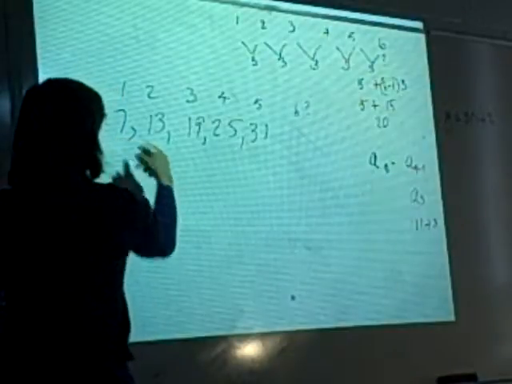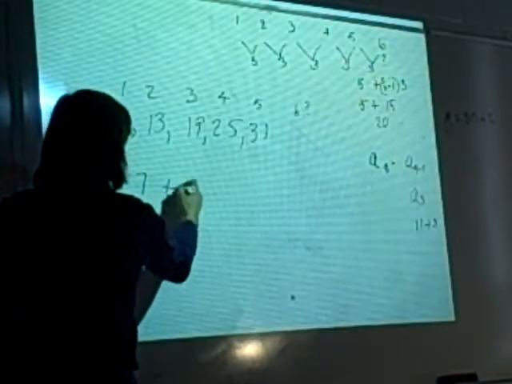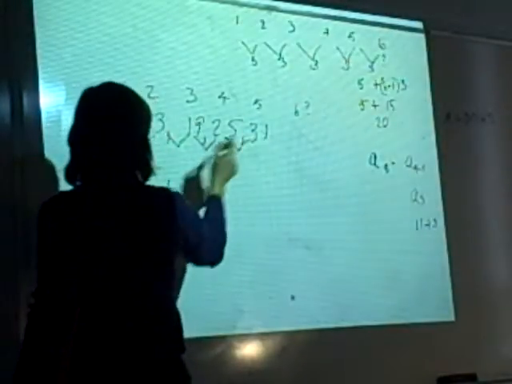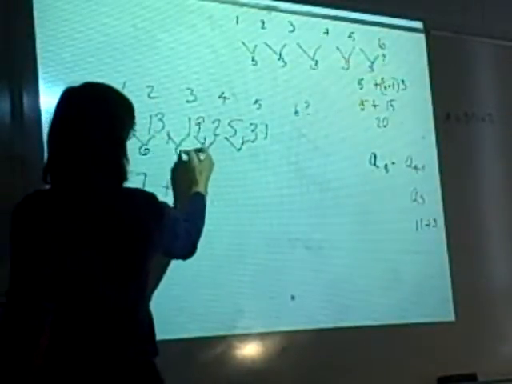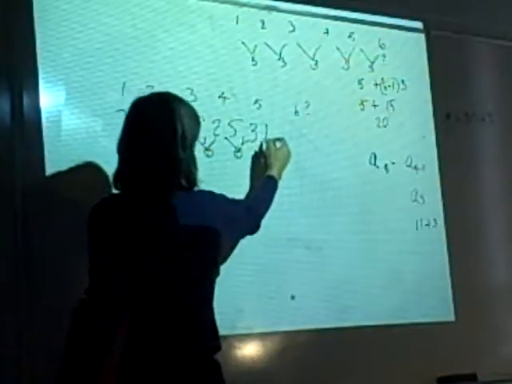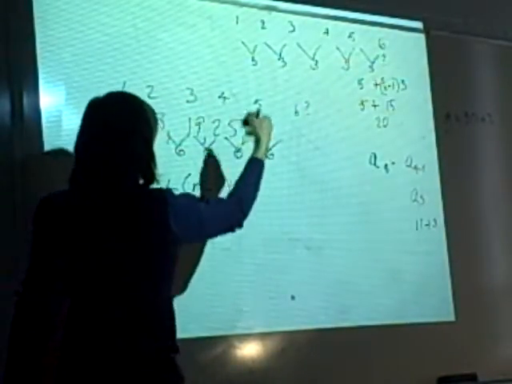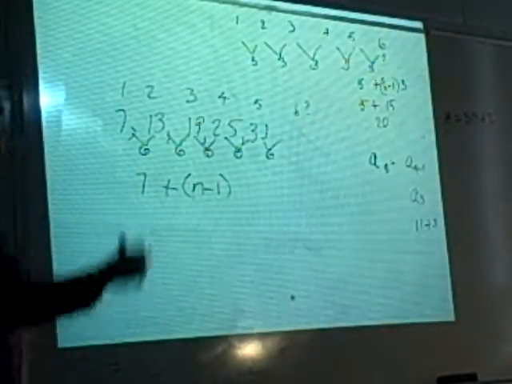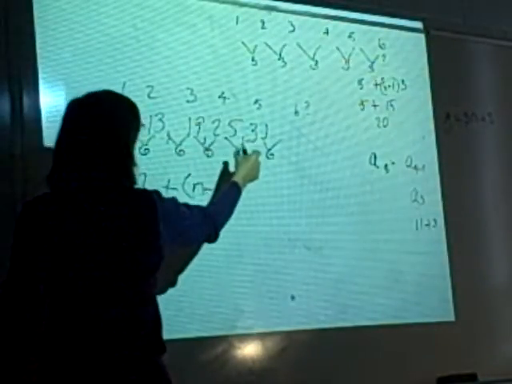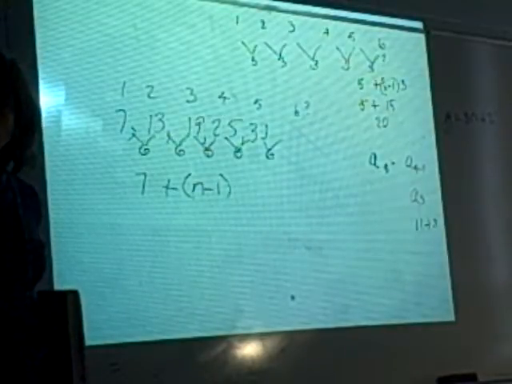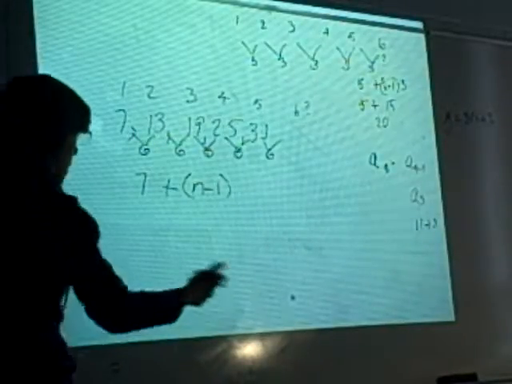So I know that it's going to be 7 plus, what is the difference between all of these? 6, 6, 6, 6, 6. So I'm looking for the sixth one, but how many times am I adding that 6? 5. So it's n minus 1, which is 5.